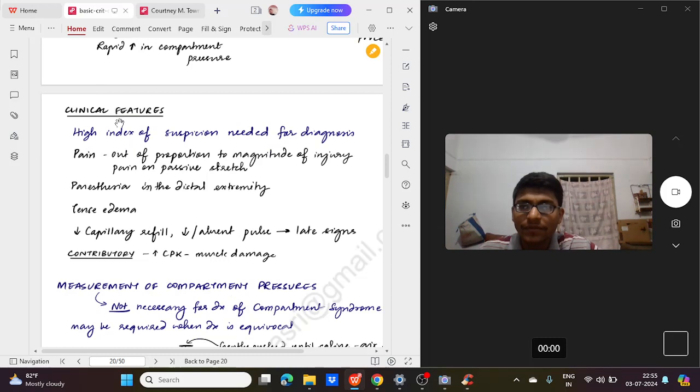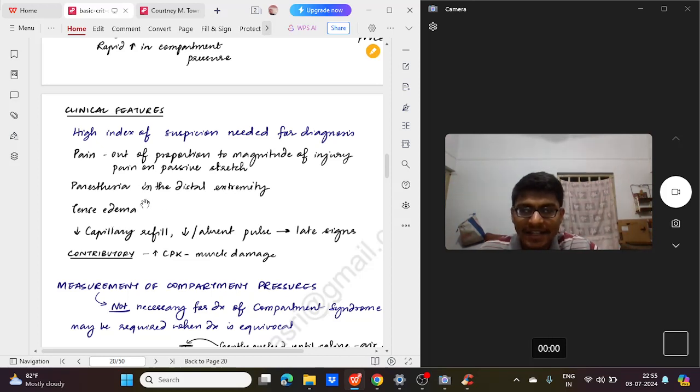Then we'll come to the clinical features. For diagnosis, we need to have a very high index of suspicion. The common finding is pain, which is out of proportion to the magnitude of injury, and it aggravates on passive stretch. Paresthesia in the distal extremity, which is due to ischemia, which is more prone in the distal part.